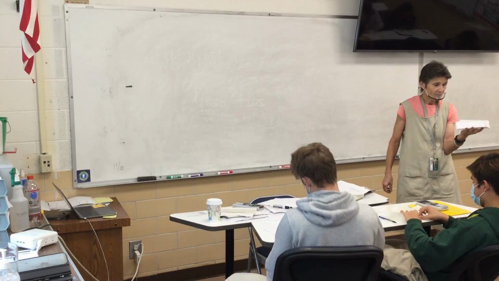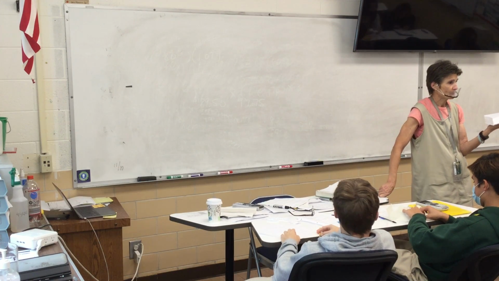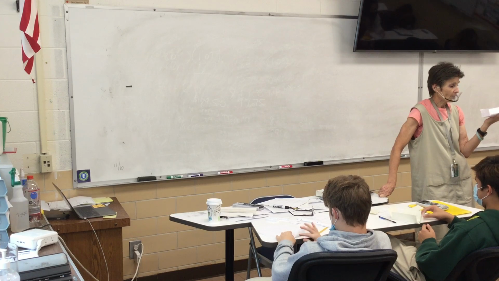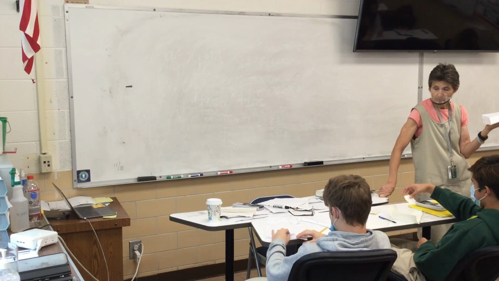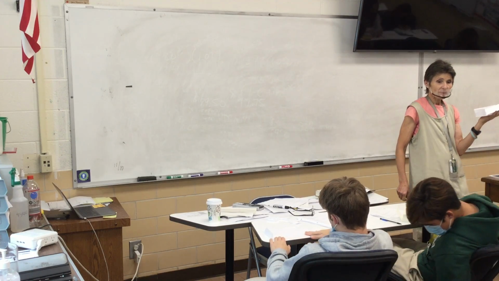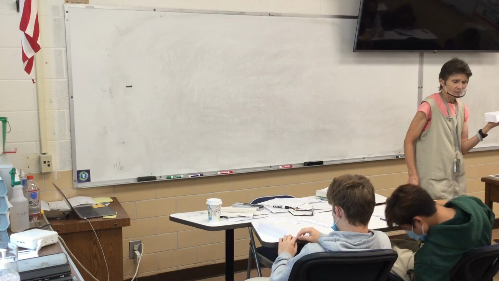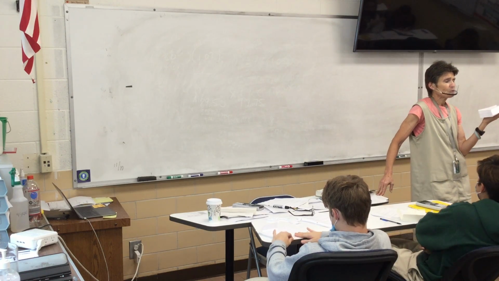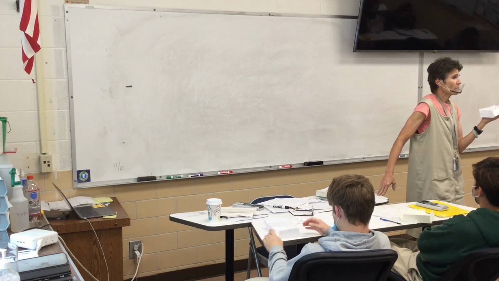It won't be perfect, make it as best you can. Fold up the flaps and you got a box, right? Now, as people finish up, I want you to look at each other's boxes.